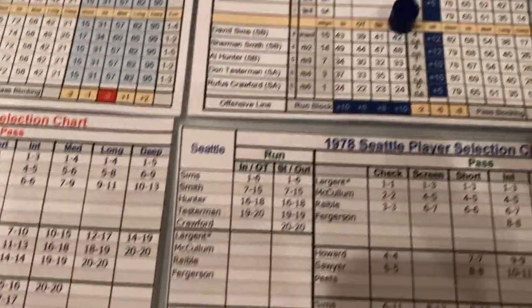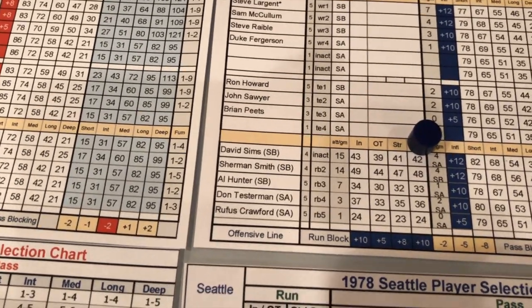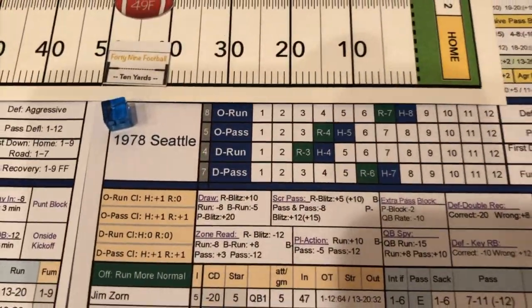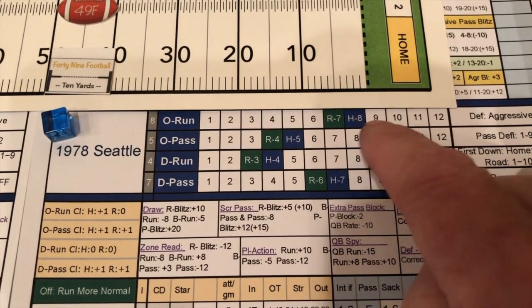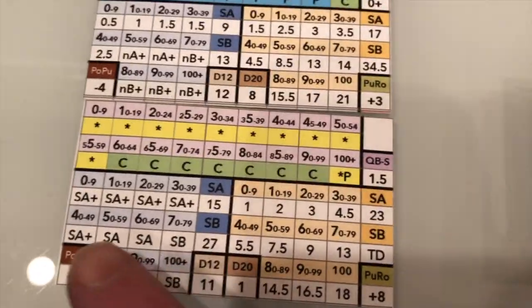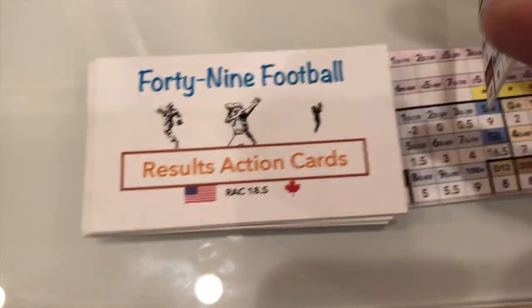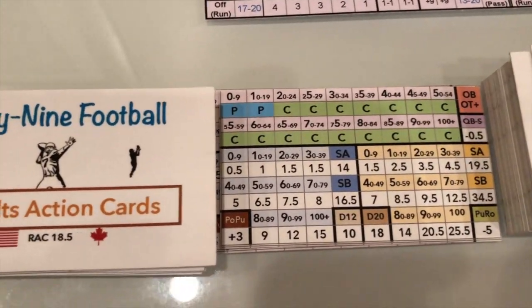So David Sims, he's rated SB, so he would. And what you're going to do is roll the D12. And if it's within Seattle's offensive run rating, which at home was an 8, so a 1 to 8 out of 12, that would mean that he gets the longer gain, which is an SA, because that's what it says, SA plus. And then you're going to flip over a card. And this time the SA would be a 14-yard gain for him.